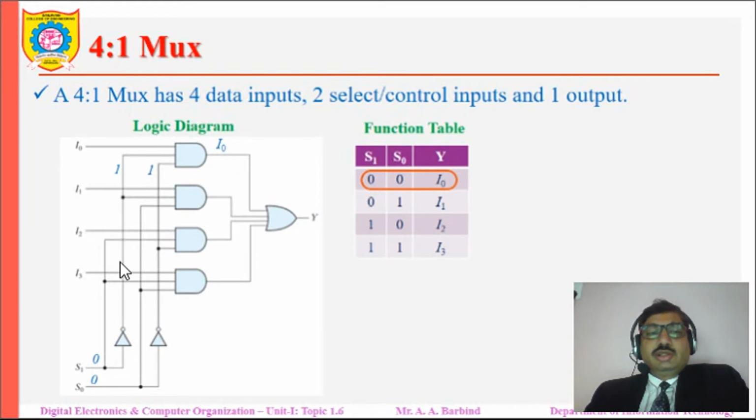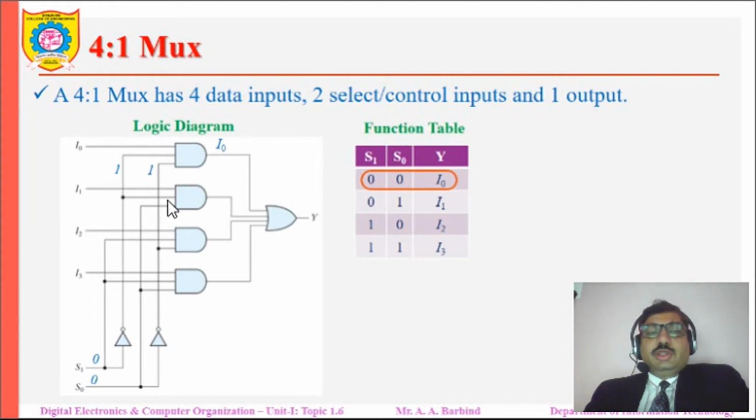Because of these two inverters, its output will be 1, and these inputs are given to this particular AND gate, and the output of this AND gate will be I0. Why? Because the rest of its inputs are 1, so the output will be the same as that of I0.